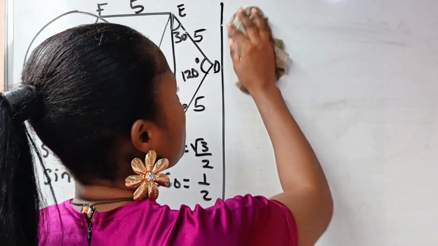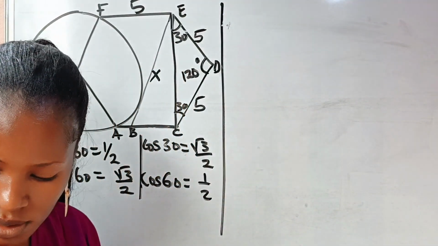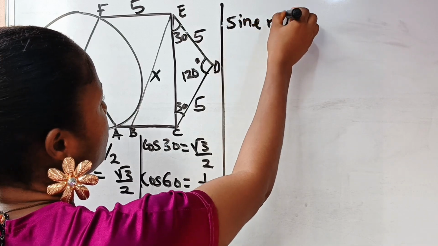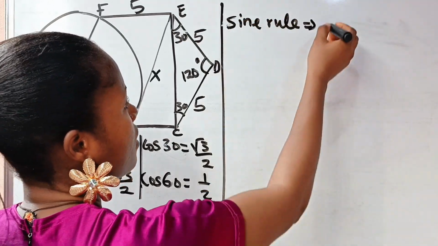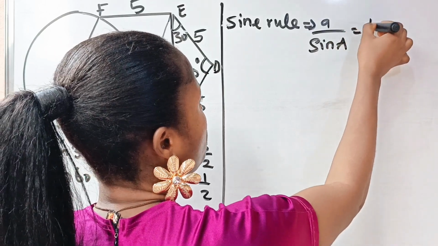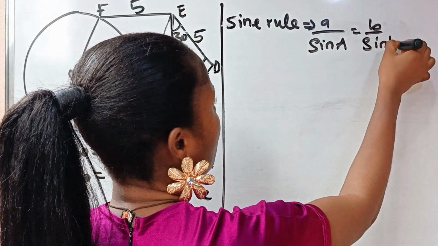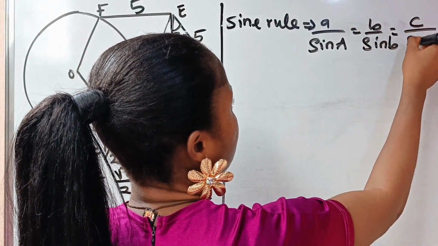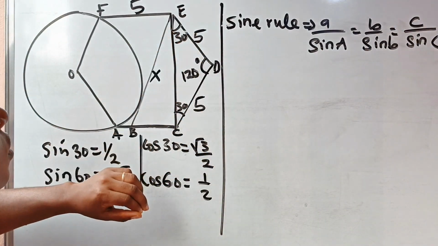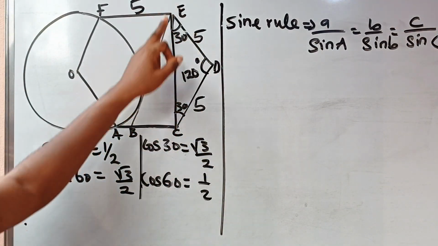The sine rule states that a over sine A is equal to b over sine B is equal to c over sine C. So let us use this here. We want to get EC.